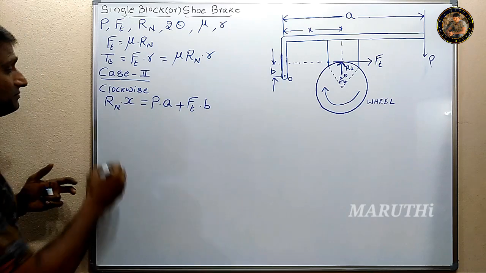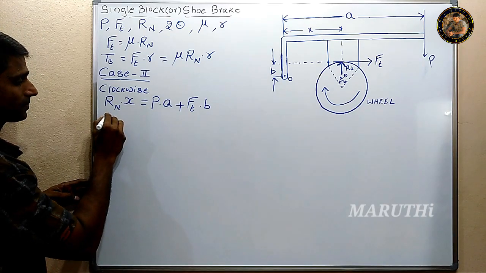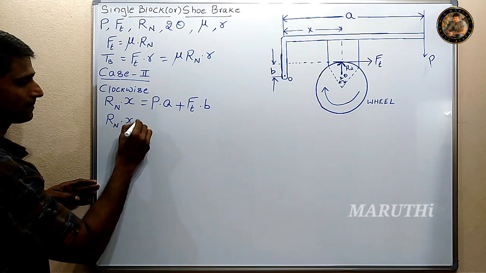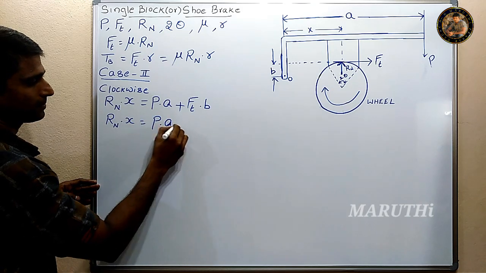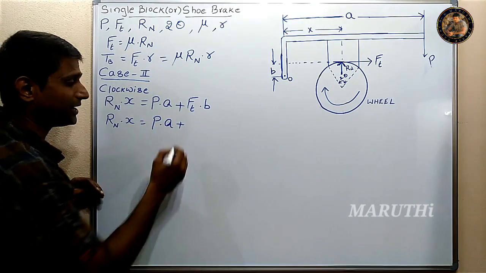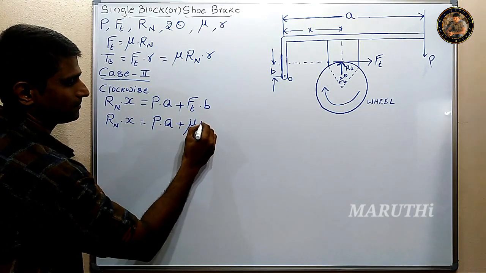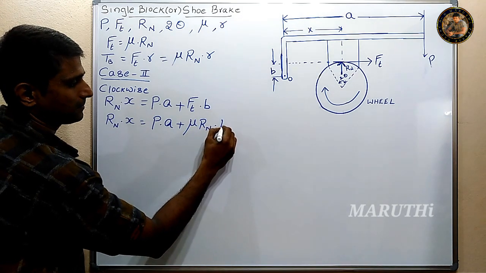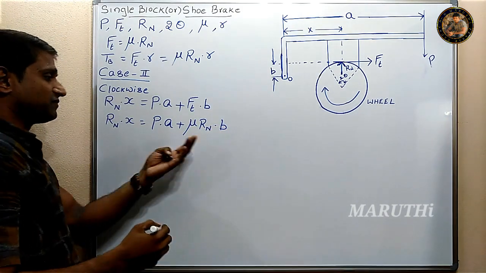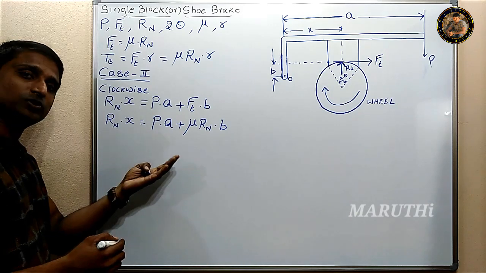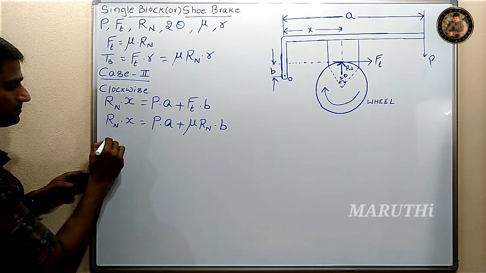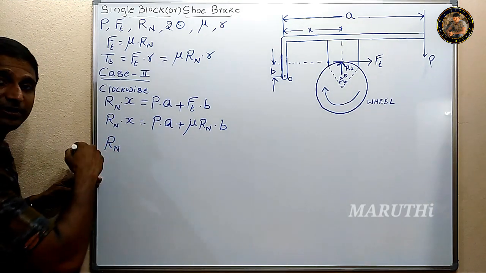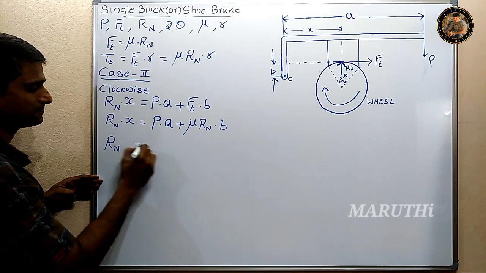So from this actually, Ft is equal to mu into Rn. So from this we can take Rn towards one side and remainder comes to the other side.